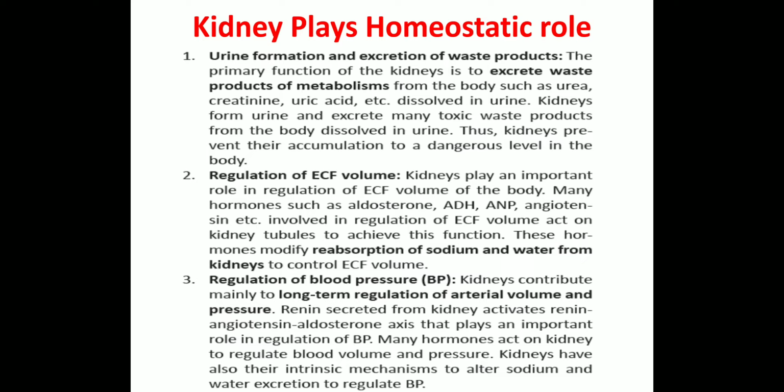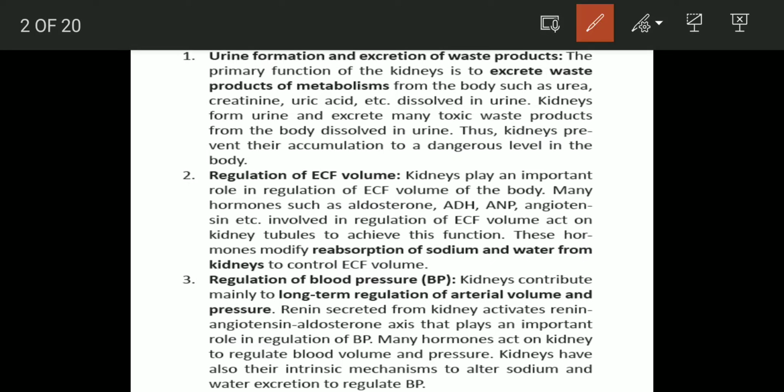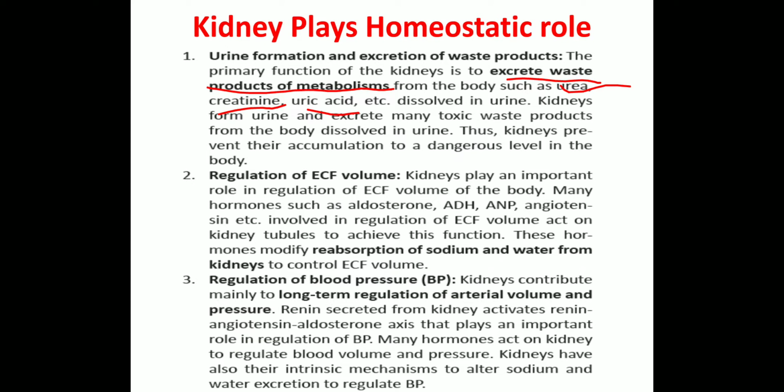Kidneys help to excrete the waste products and the products of metabolism. These are urea, creatinine, and uric acid. Remember that urea, creatinine, and uric acid need to be excreted from the body. Otherwise, this will cause toxic effects to the body, right? So the kidney helps in urine formation and excretion of the waste products.